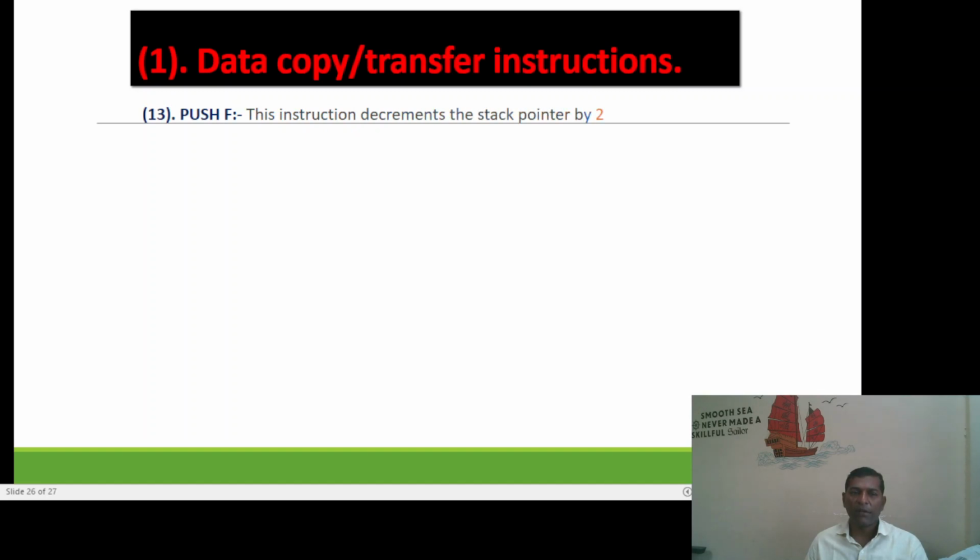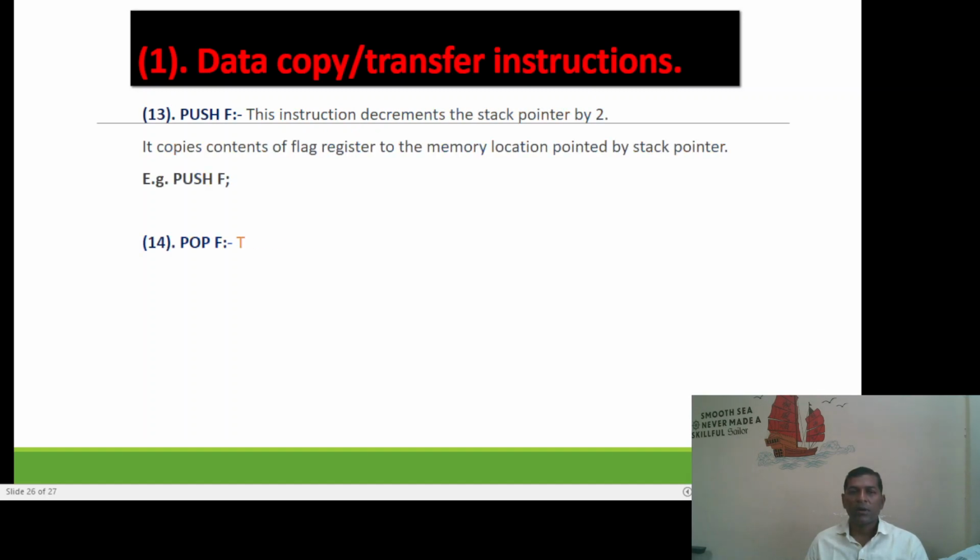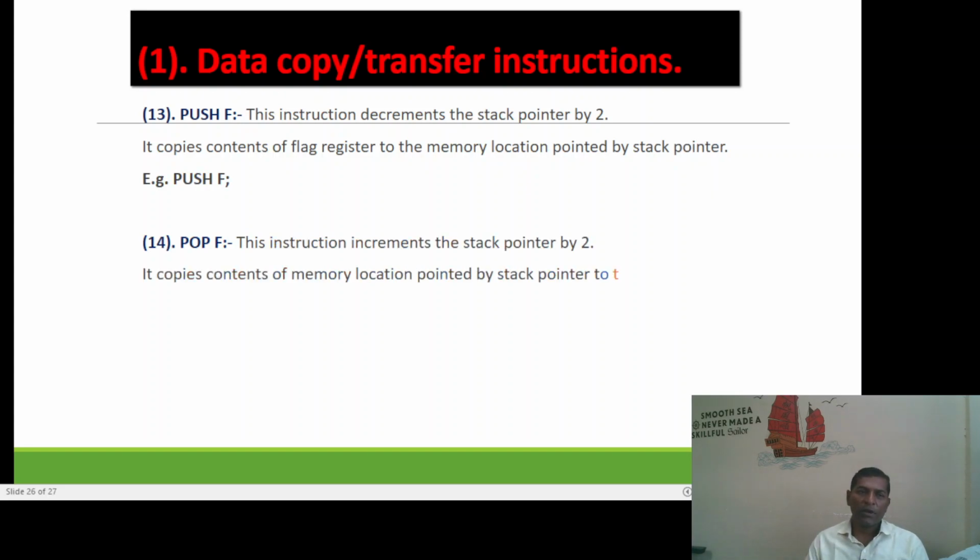The PUSHF instruction is used with the stack pointer. First of all, it will move all the flags to the memory location pointed to by the stack. Sometimes we also want to store the contents of the flag register, and at that time we will use the PUSH and POP instructions.